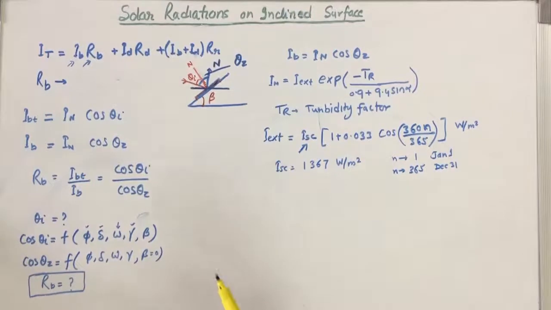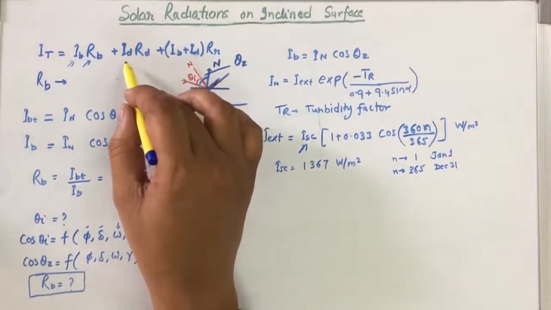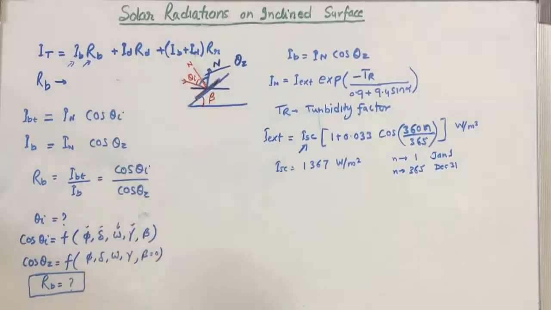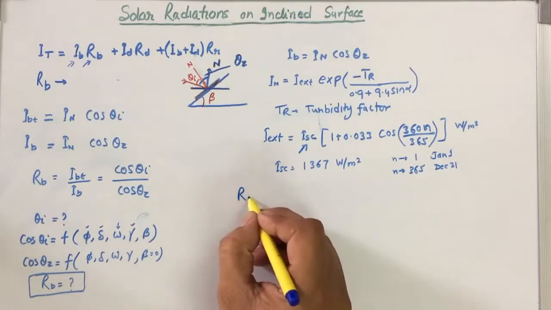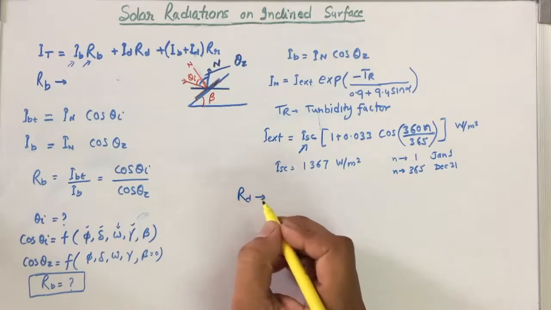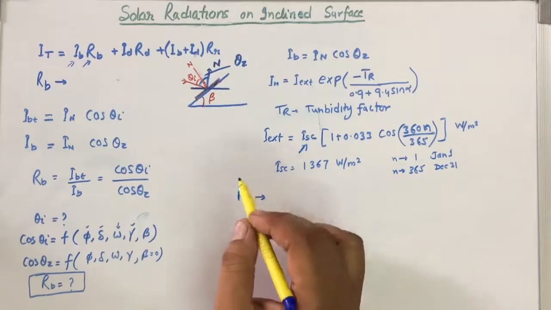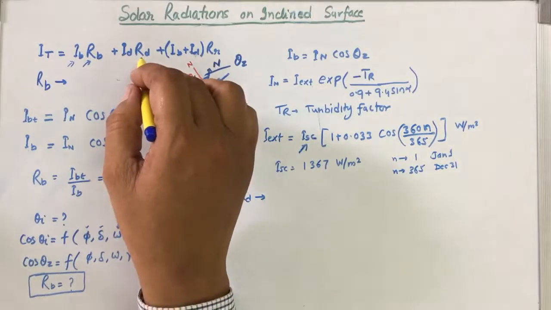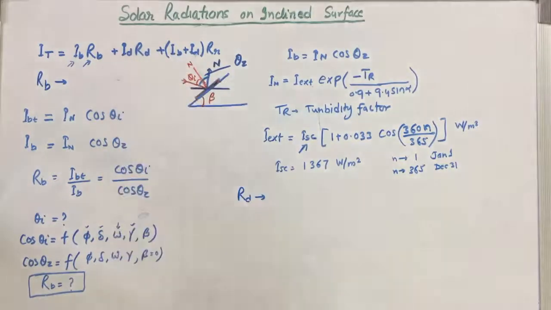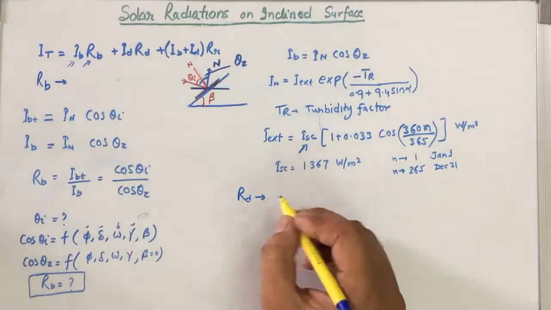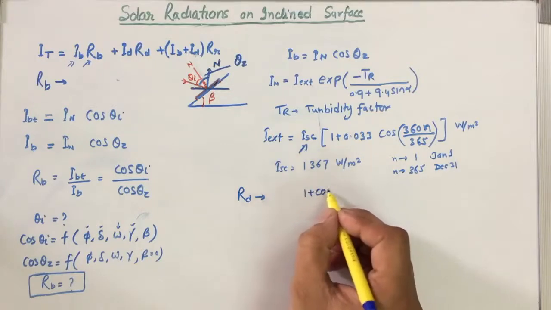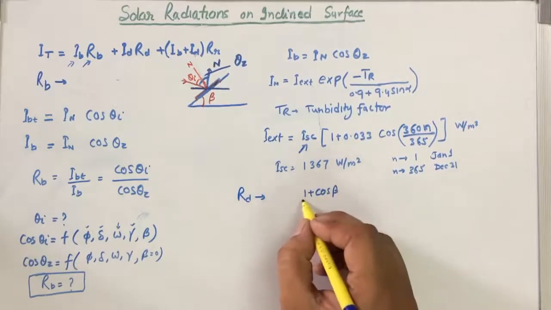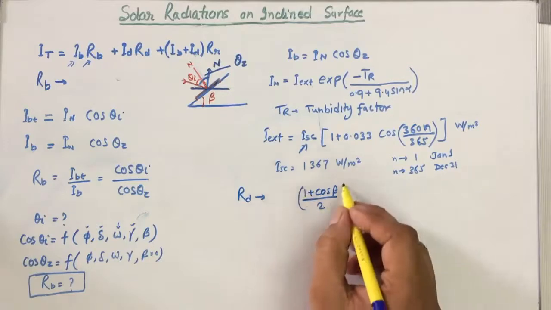Now the next concern is to find RD and ID. Okay, so for ID, for diffused radiation, this is the factor for diffused radiations. A simple formula is given, that is based on the inclination angle by 2.